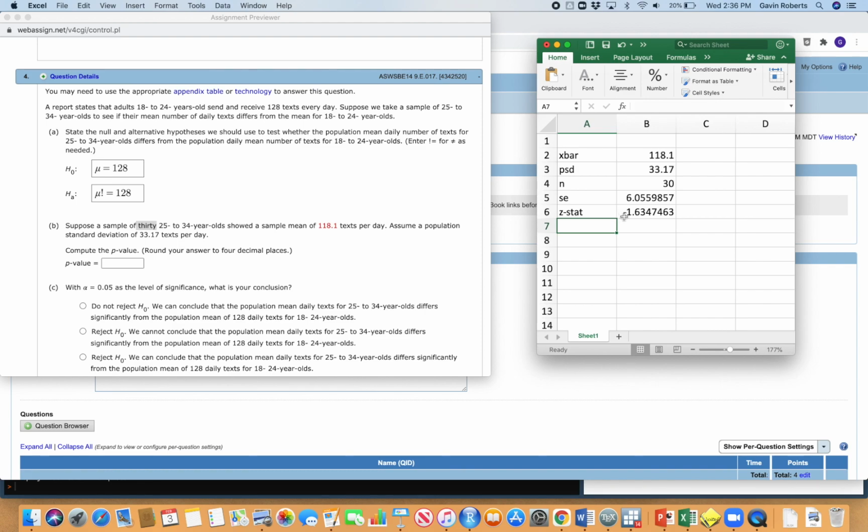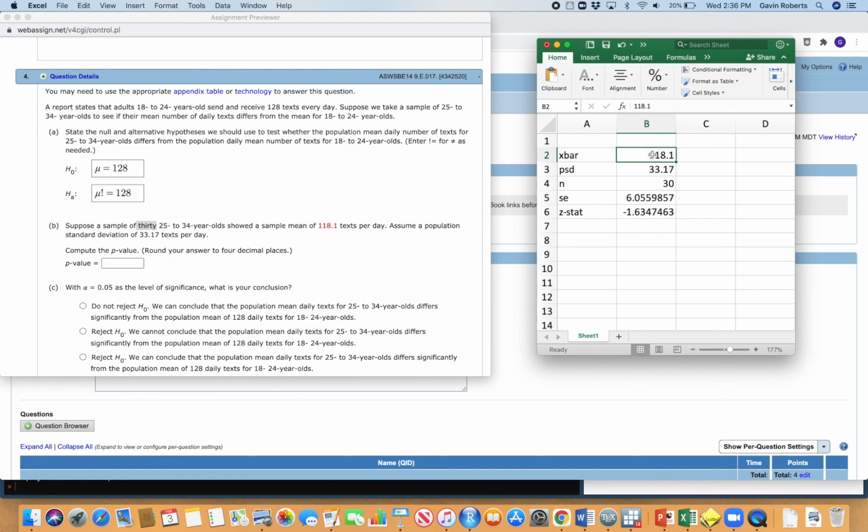So now what are we going to say? Well, the probability of landing this far away from 0 in a z distribution is the same as the probability of landing this far away from 128 in that distribution.